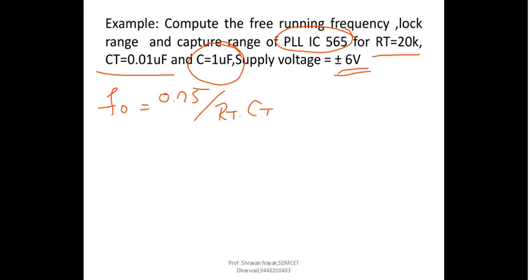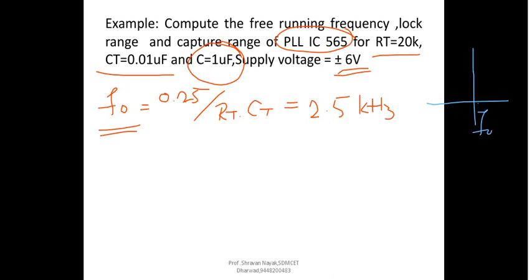If you substitute the values of RT and CT in this expression, you get 0.25 divided by 10K into 0.01 microfarad. That will give you somewhere around 2.5 kilohertz as the answer for F naught. That is the center frequency.